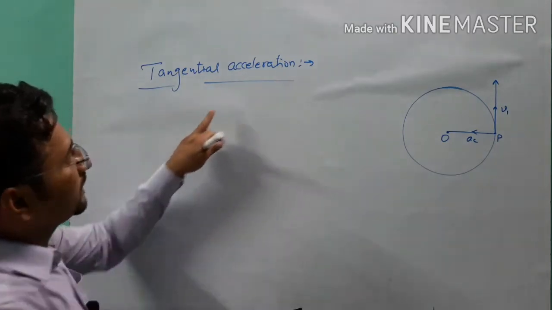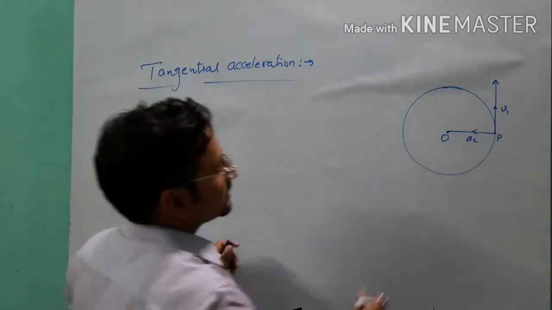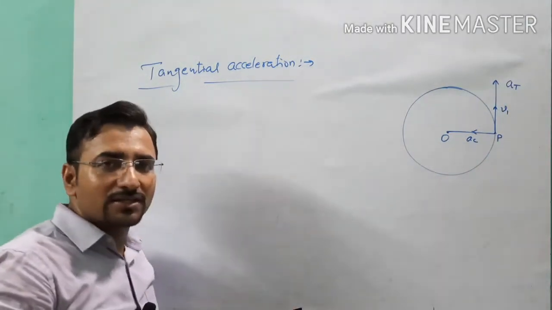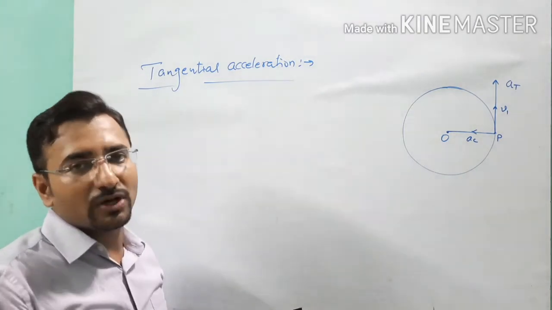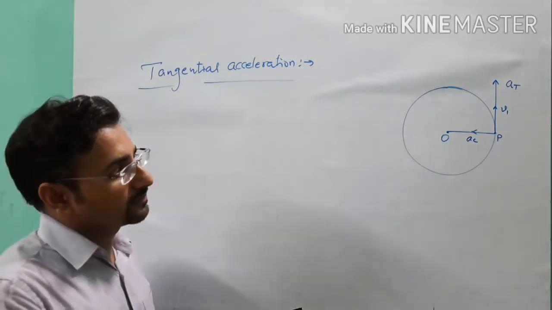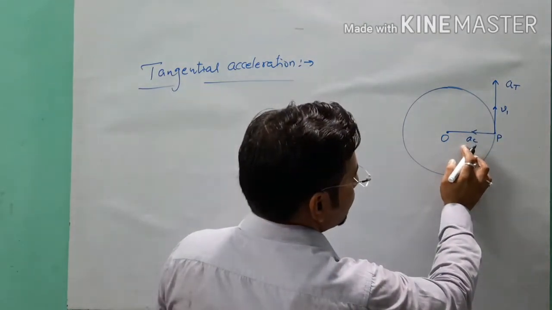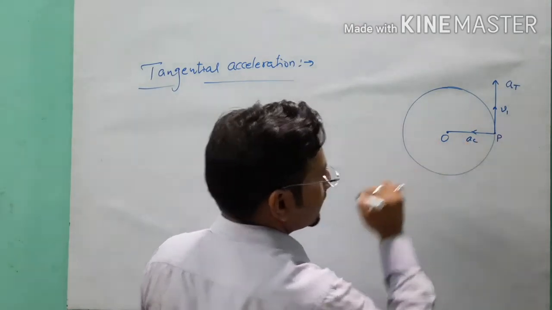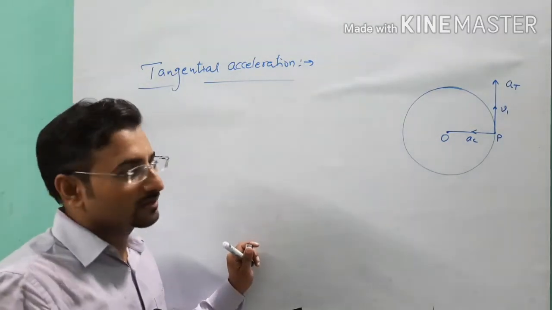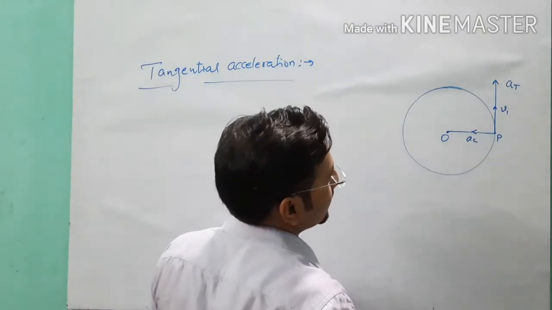Tangential acceleration is the acceleration which acts along the direction of a tangent at any point in a circular path, which is denoted by at. So centripetal acceleration acts radially inward, and the tangential acceleration acts along the tangential direction.